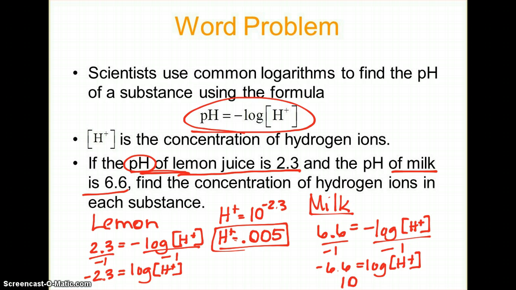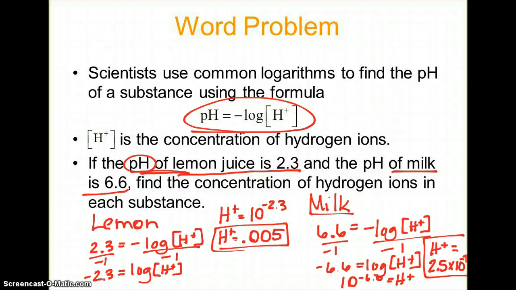Base of 10, the common logarithm, power negative 6.6 equals H. So H is equal to, now mine's going to be in scientific notation, 2.5 times 10 to the negative 7, if you can see that I squished that on there. Okay, so you can use that.